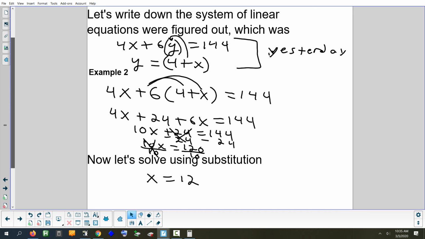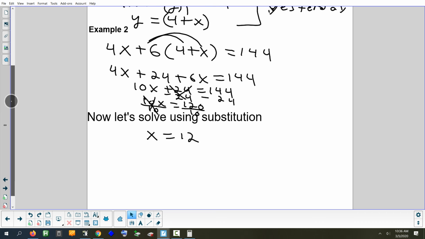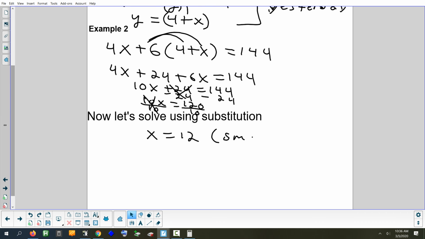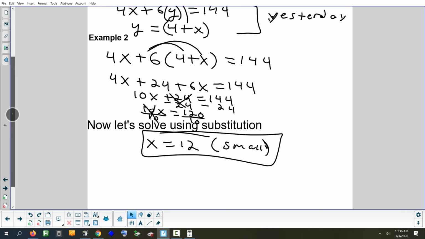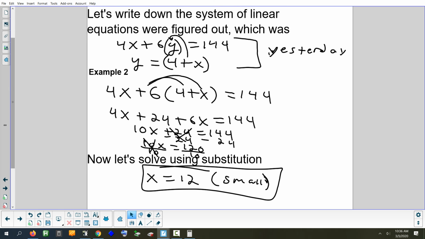Those candles were only $4 a piece, so I think those were the small. All right. And now, how do we find the large candles? What do we do now? Where are you going to plug 12 in?